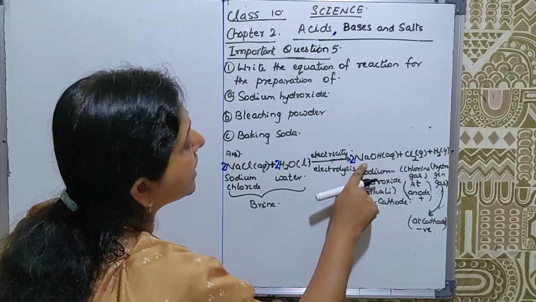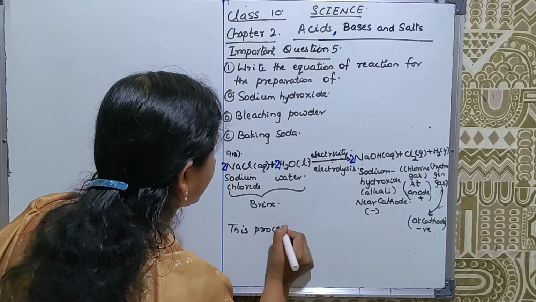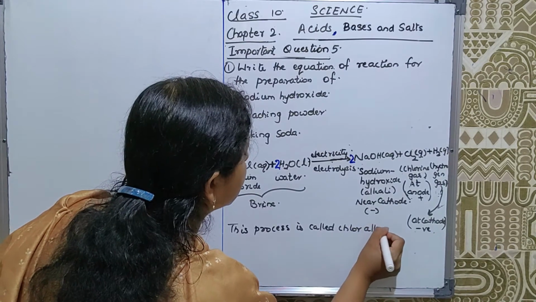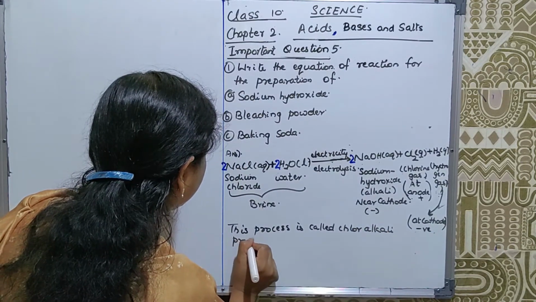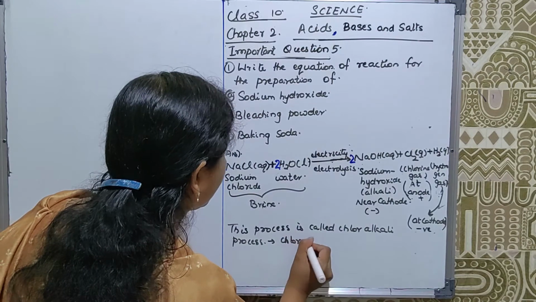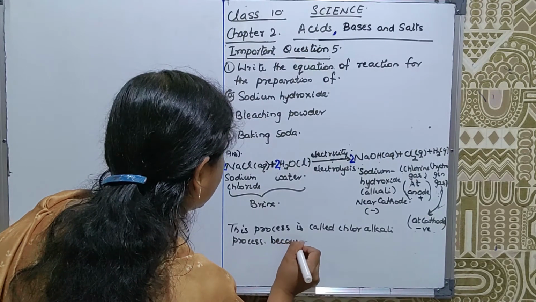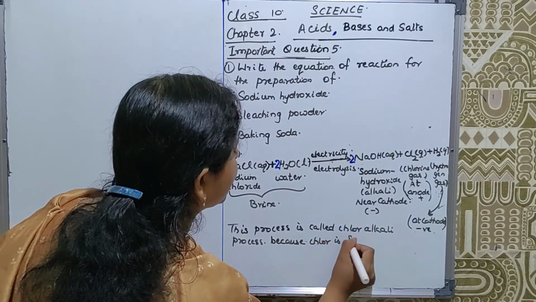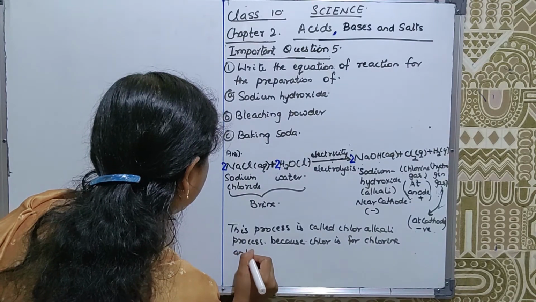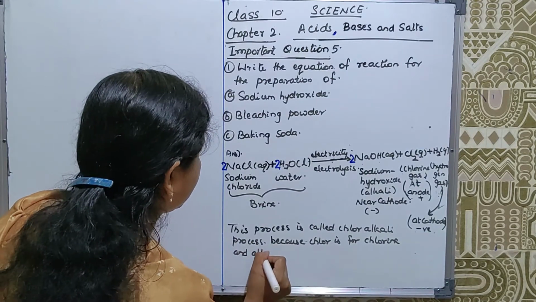Chlor is for chlorine and alkali is for sodium hydroxide.